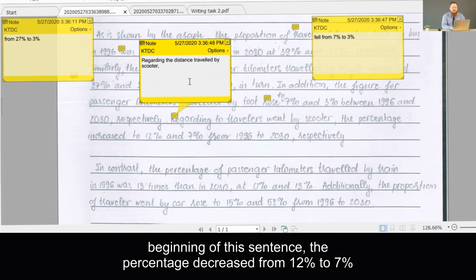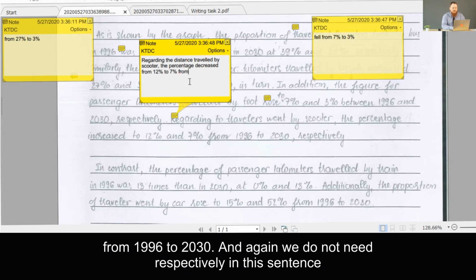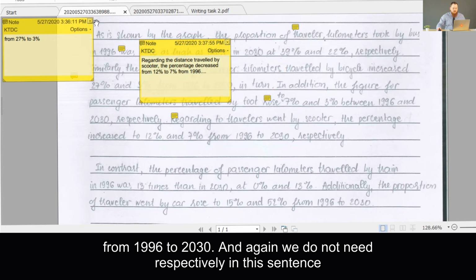"The percentage decreased from 12% to 7% from 1996 to 2030." And again, we do not need "respectively" in this sentence.